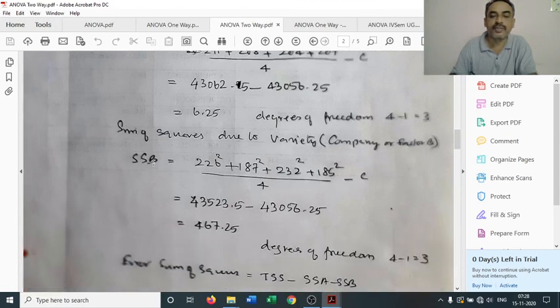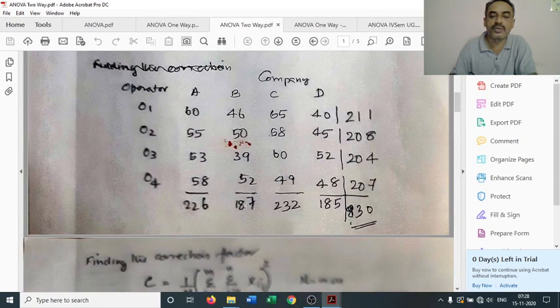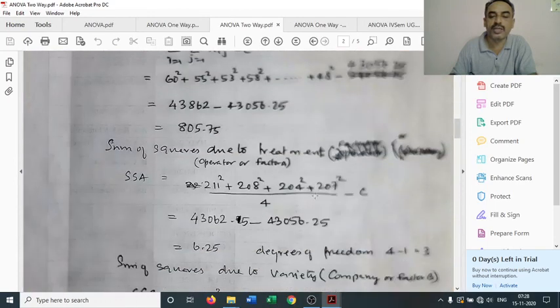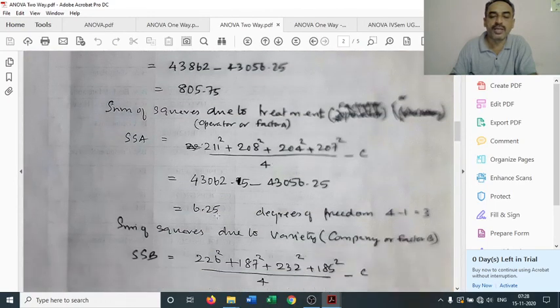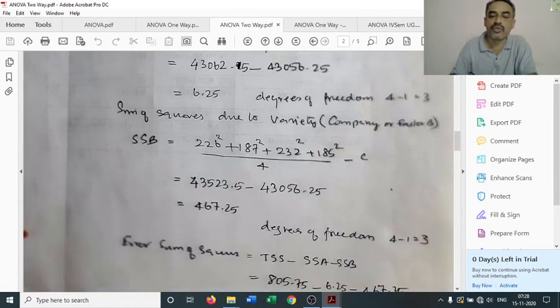Now next is the sum of squares due to variety, that is the company performance, factor B. So SSB uses the column totals 226, 187, 232, 185. Their squares are divided by 4, minus C, so it is 67.25. Their degrees of freedom are again 4 minus 1, so it is 3.